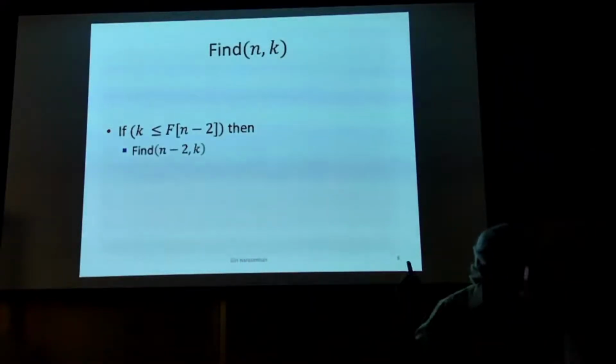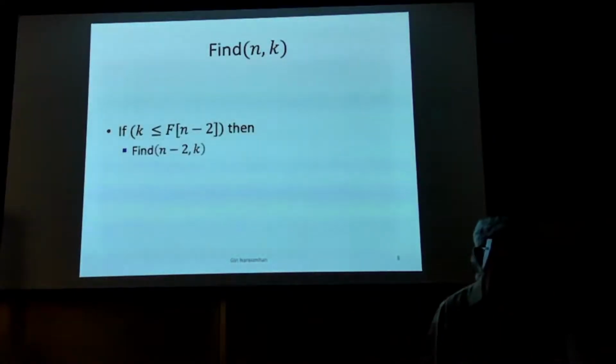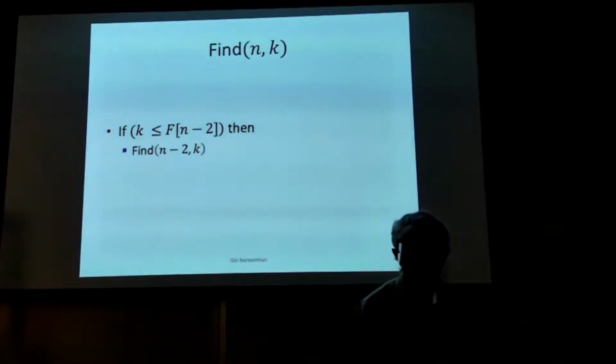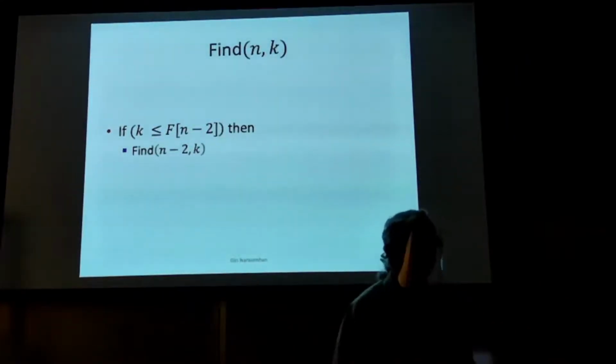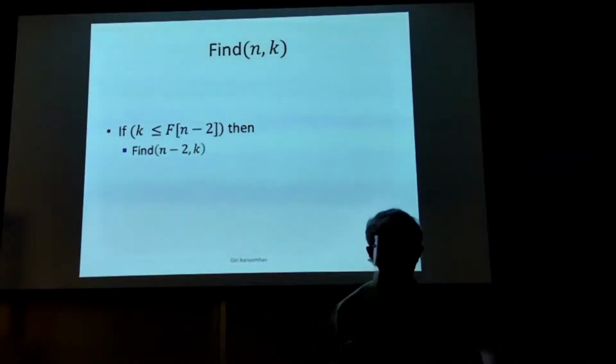K remains the same. Clear? Because it's in the first half, it's somewhere in the n minus 2th Fibonacci string. So all I have to do is find the kth character in the n minus 2th sequence.